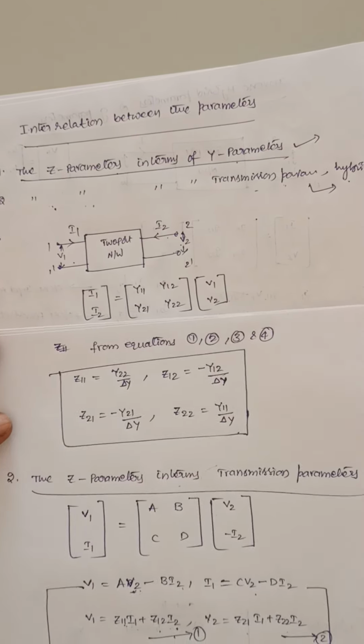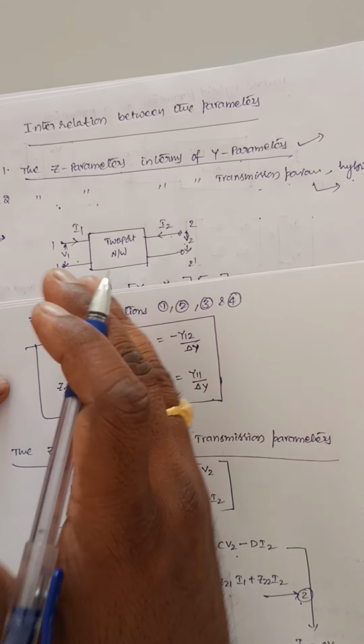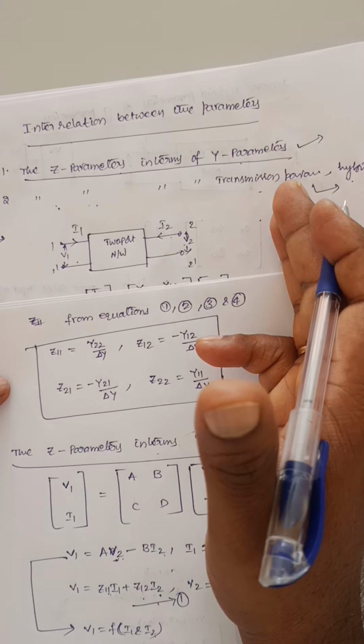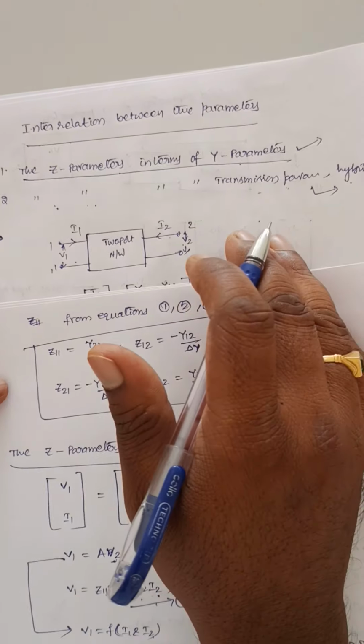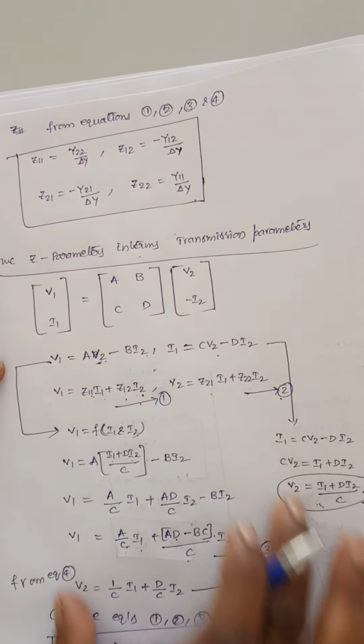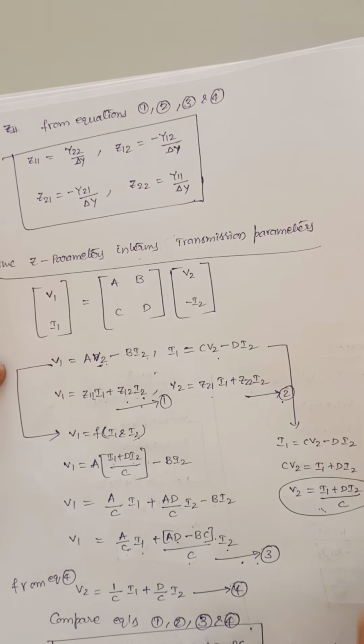If you want to find out the relation between one parameter and other parameters except the inverse of that parameter, we need to follow this type of method.